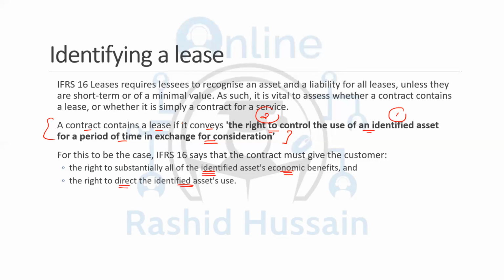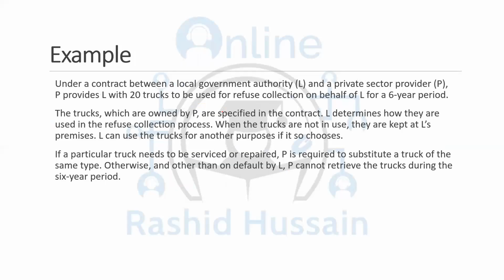Remember, if these 2 points are not present, that is, if there's no identified asset or no right to control, then it is going to be a contract for service rather than a lease contract. Let me give you an example and then you can clearly understand what I meant here.